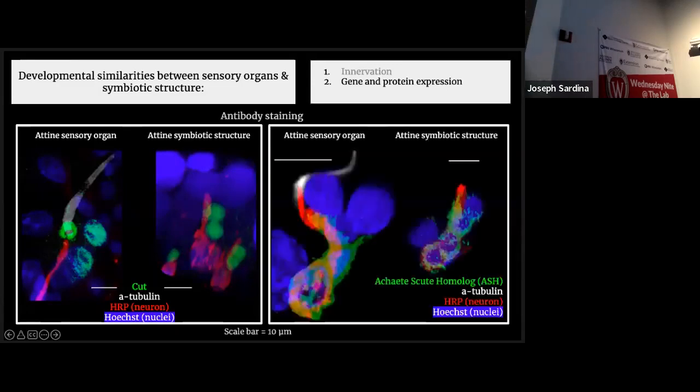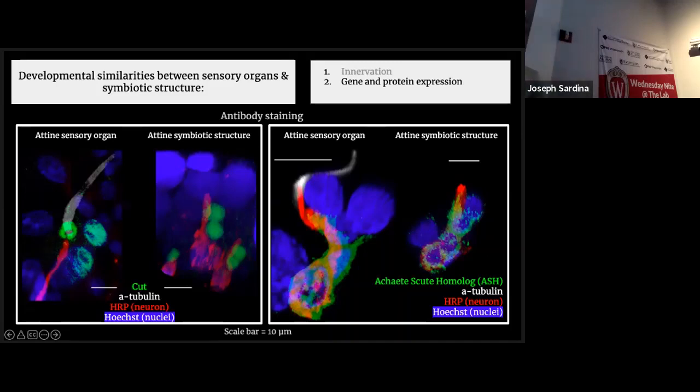A second gene for which I've characterized protein expression is the Achaete-scute homolog. On the left is, again, the sensory hair representing sensory organ development, and on the right the ant's symbiotic structure, and again we see very similar protein expression of this gene. This gene is very well known to play an important role in sensory organ development.